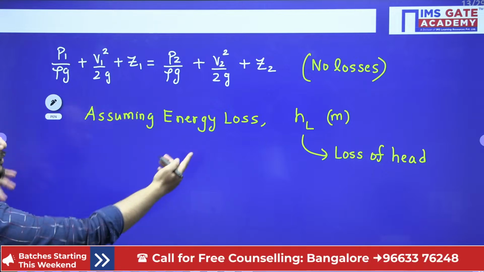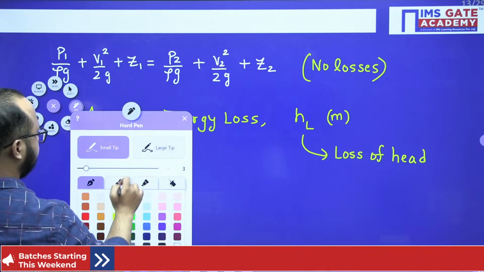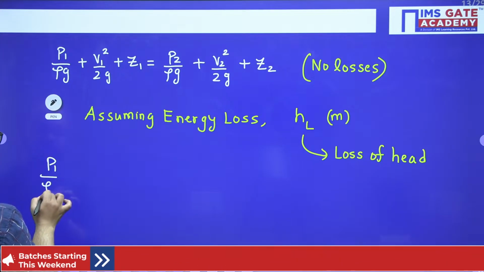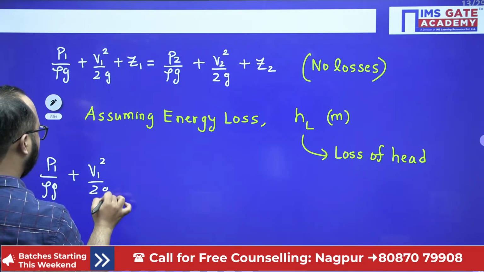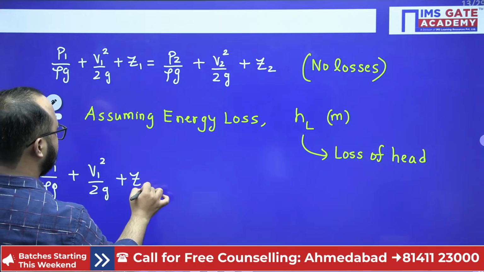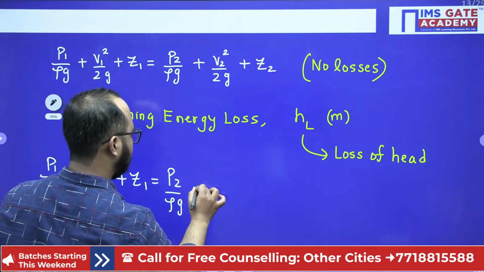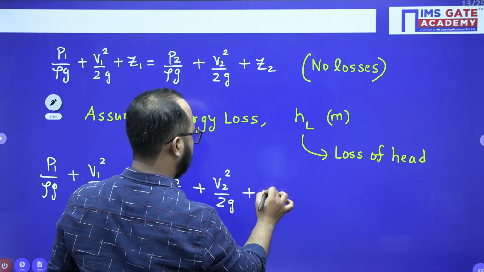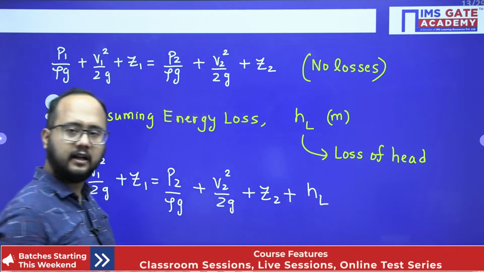So assuming energy losses, now how will I be using this HL value? Please see. P1 by rho g plus V1 square by 2g plus Z1 equals P2 by rho g plus V2 square by 2g plus Z2 plus HL. Correct?